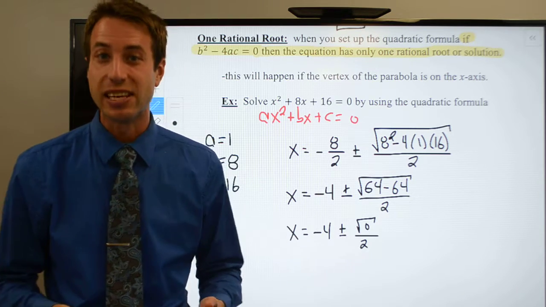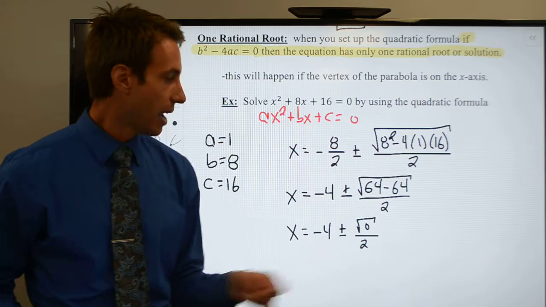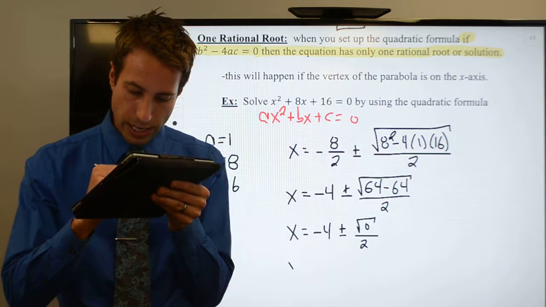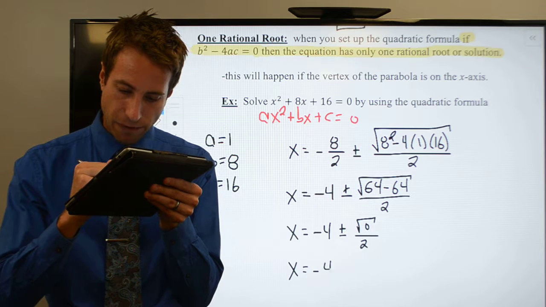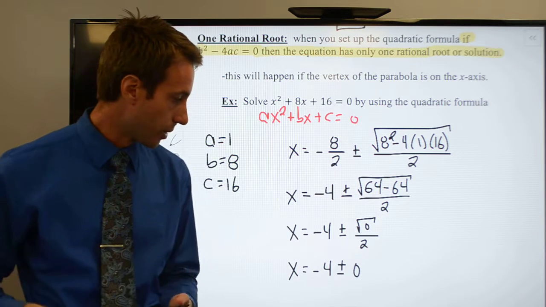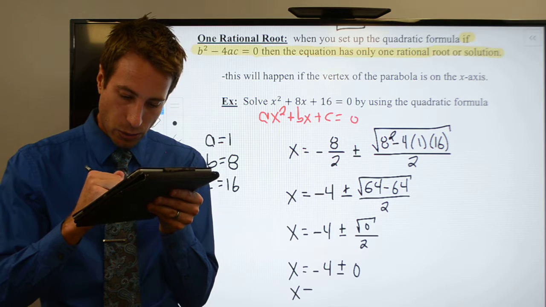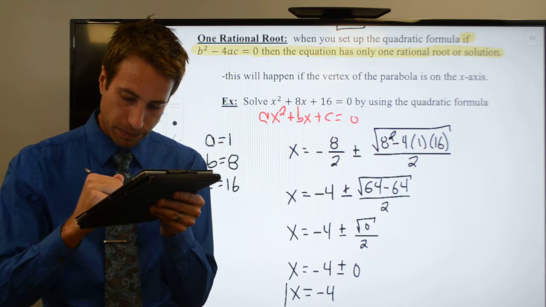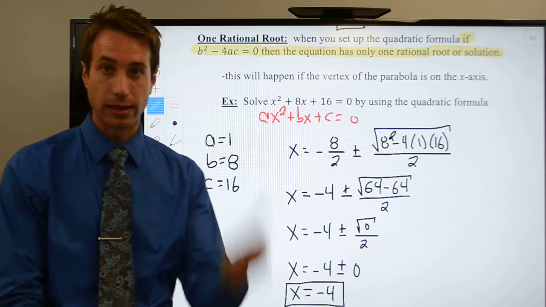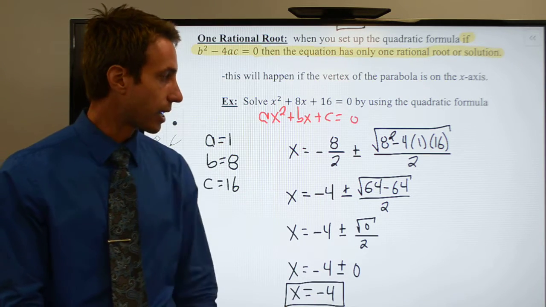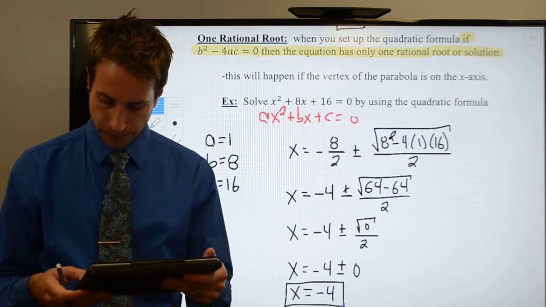Well, the square root of 0 is 0, and 0 divided by 2 is still just a 0. So you wind up with x equals negative 4 plus or minus 0, and that does absolutely nothing. So your answer is x equals negative 4. All of that to get one solution or one root.